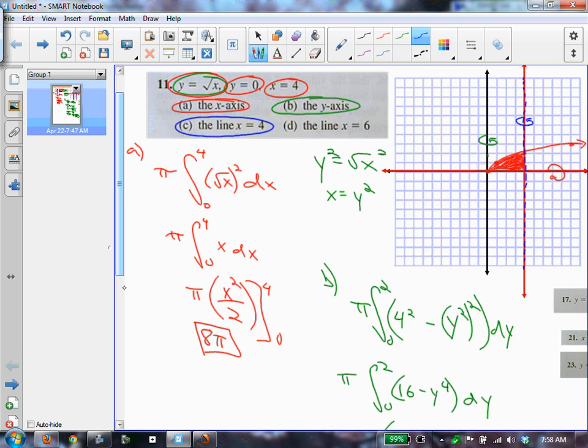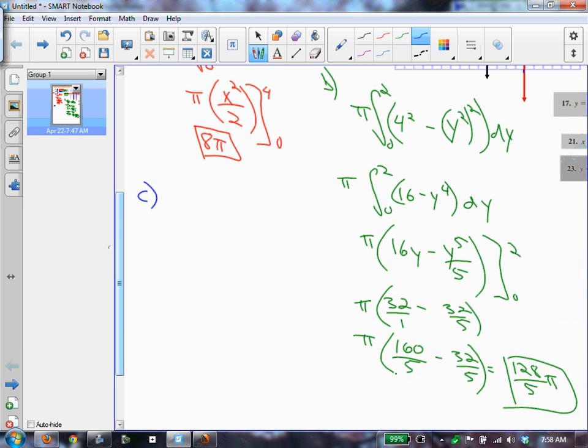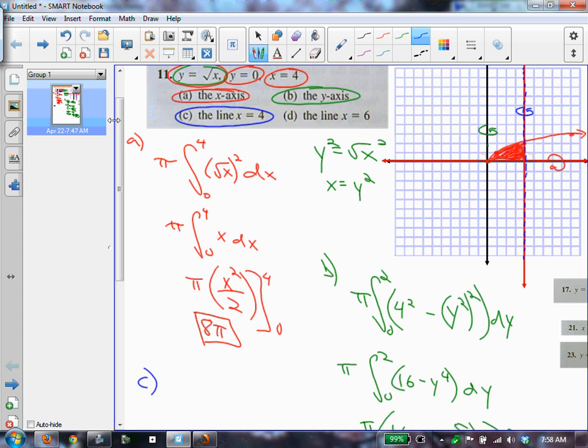Okay, so C. Now that I've shifted my rotation off of an axis, it's going to change things up a little bit. I'm still going this way, so am I using dy's or dx's? dy's. So everything still needs to be in terms of y, so I'm still using this guy.